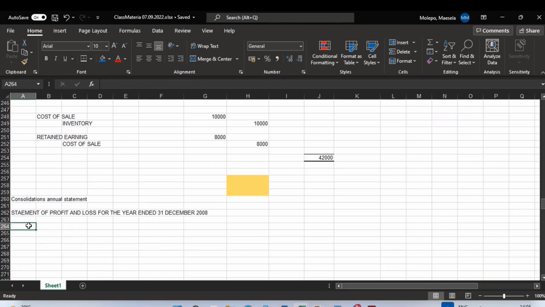So we have the profit before tax. The profit before tax, current, is how much? Profit before tax for parent.